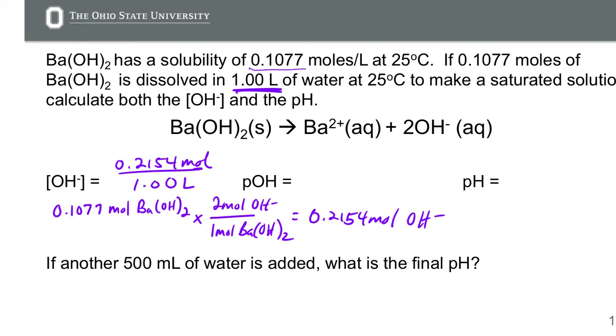Okay? So once we have our hydroxide ion concentration, we can calculate the pOH. So the pOH is going to be minus the log of 0.2154 moles per liter. And I get 0.6667.